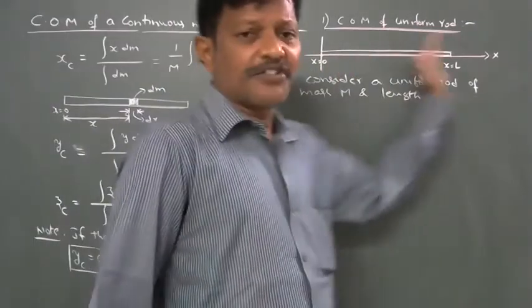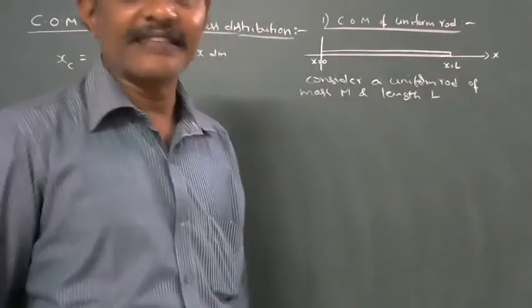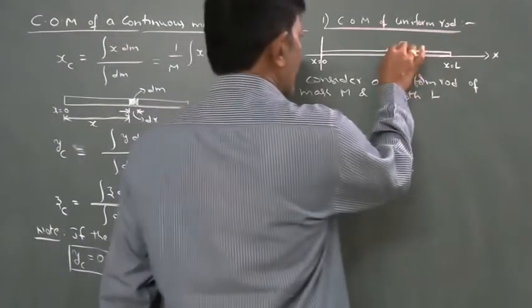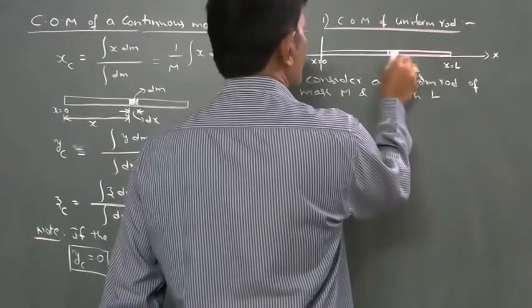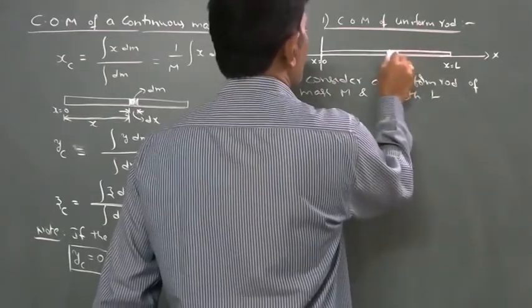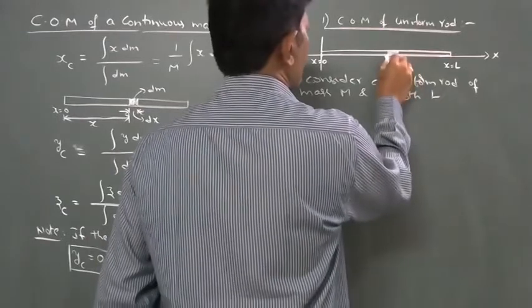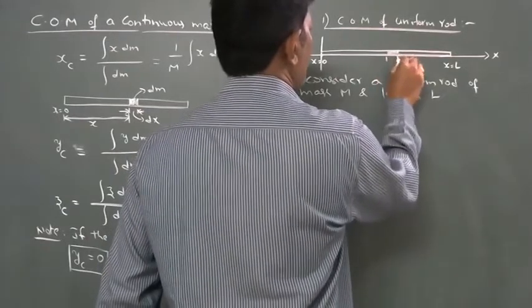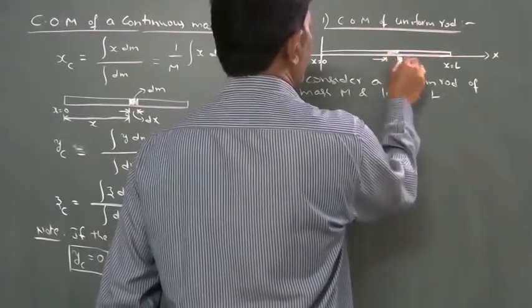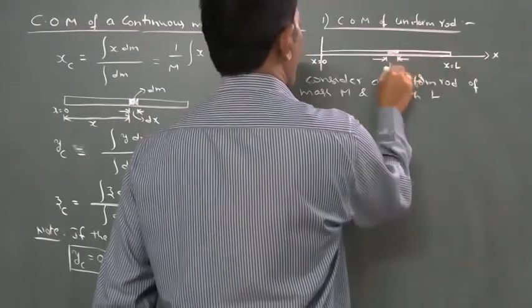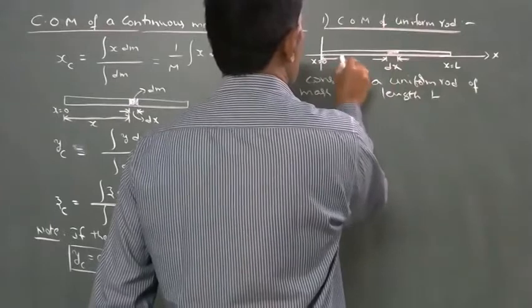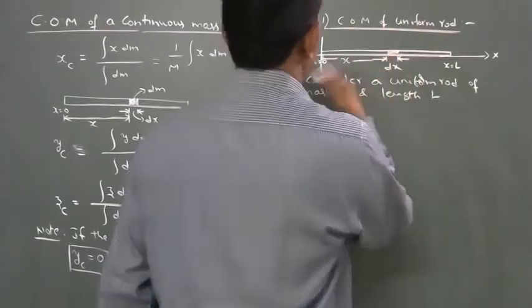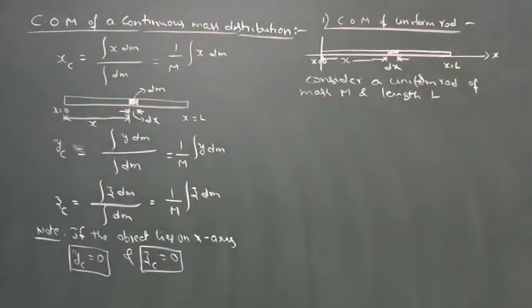The mass is distributed continuously along that length, so I consider a small element of mass dm. This is an element of length dx, and this element is at a distance x from the end x equal to 0.